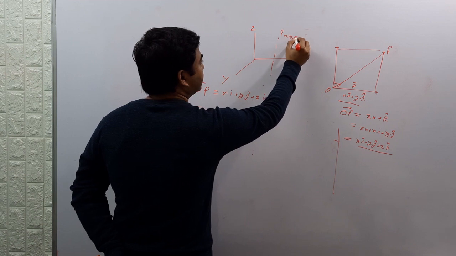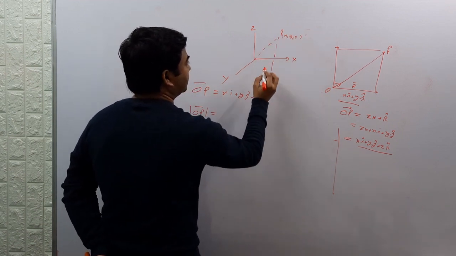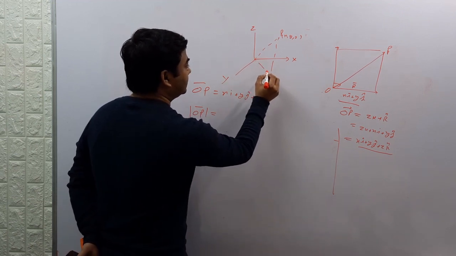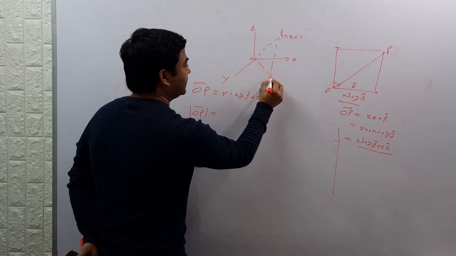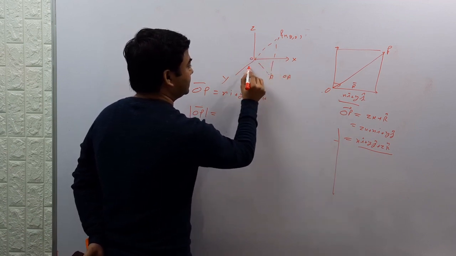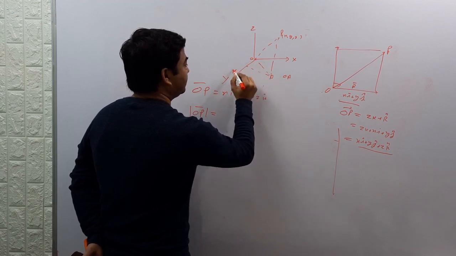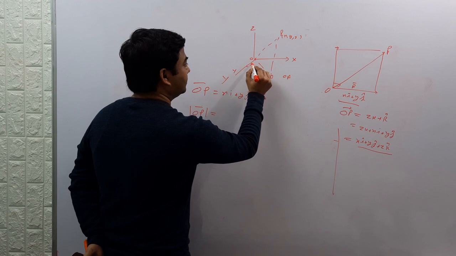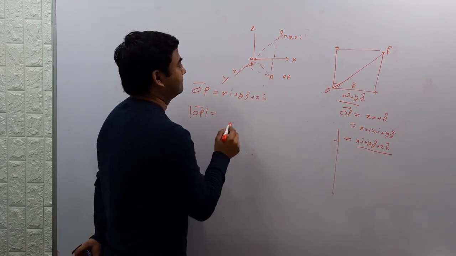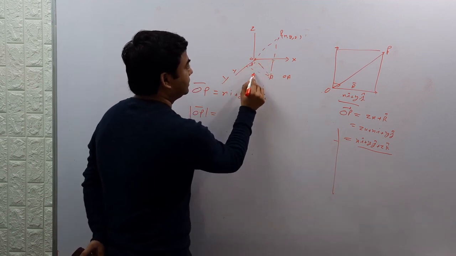Coordinates are X, Y, Z. So the length of OP: this length OA, as per the definition, this distance is Y, and this distance will be equal to this distance, this is X.